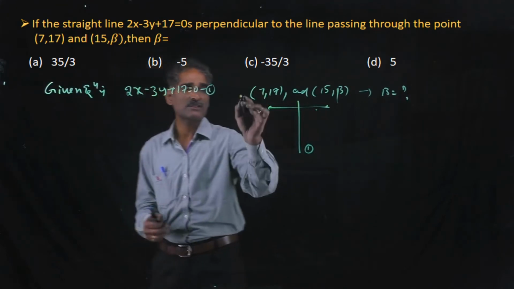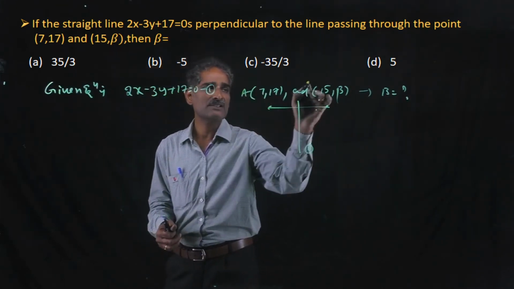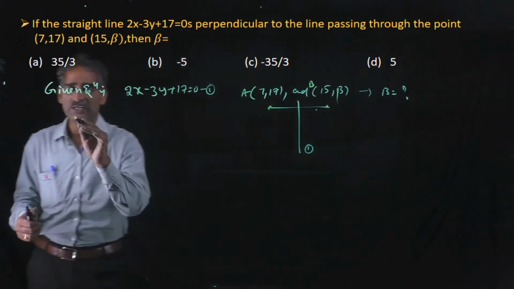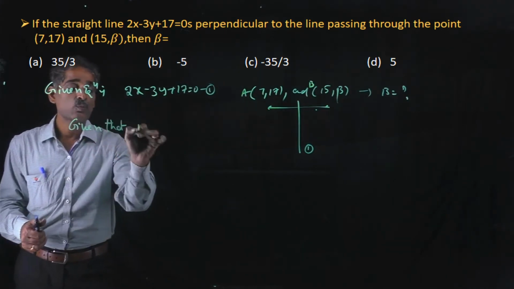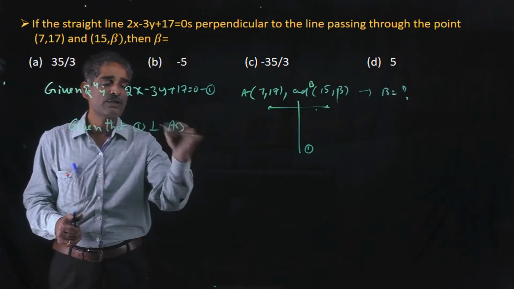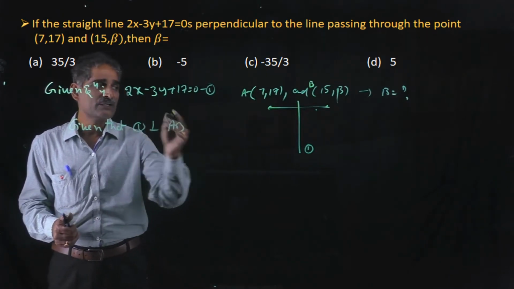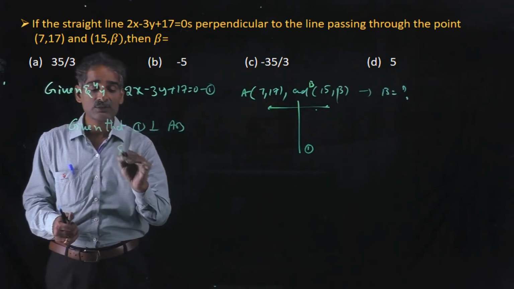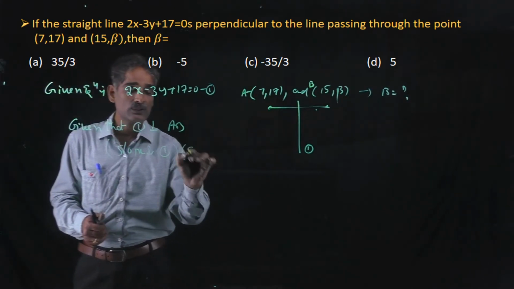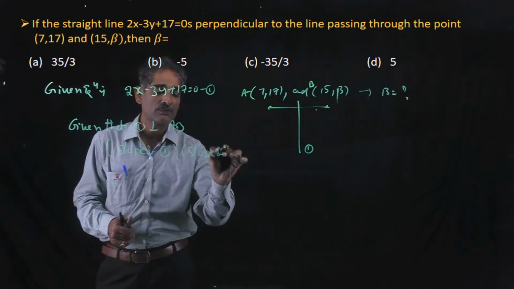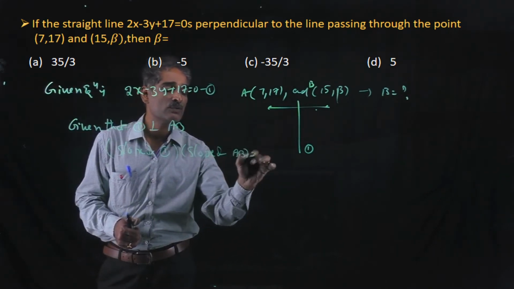Let us call the points A and B. Simply, given that 1 is perpendicular to AB, the slope of 1 into the slope of AB is equal to minus 1.